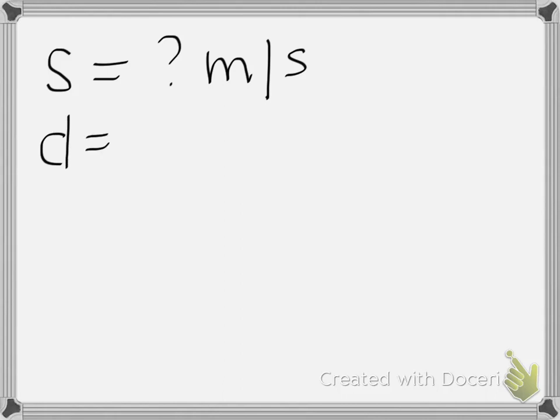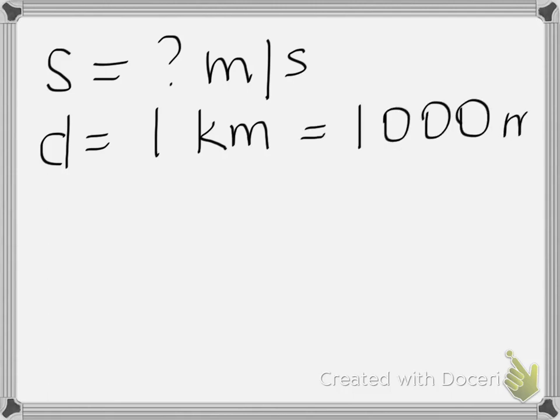So, for example, if I want to work out the speed and I want my answer in meters per second, and I travel 1 kilometer. I convert this to meters, so I've got 1,000 meters, and my time is in hours.